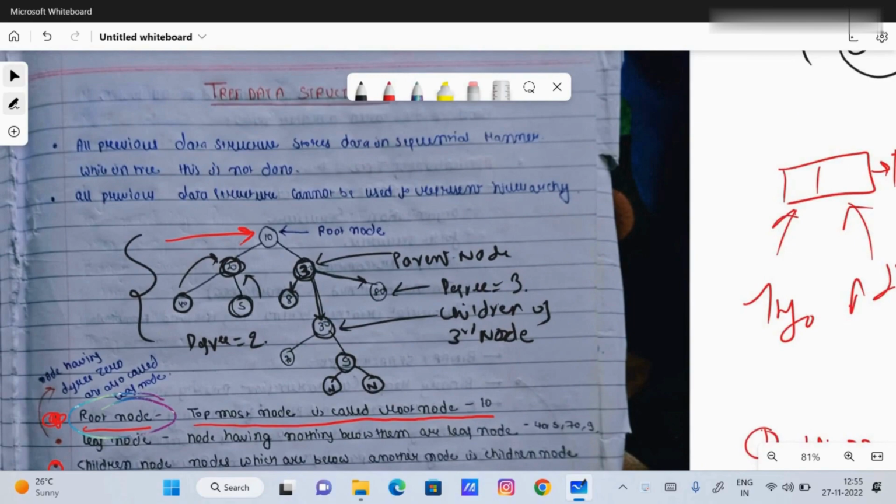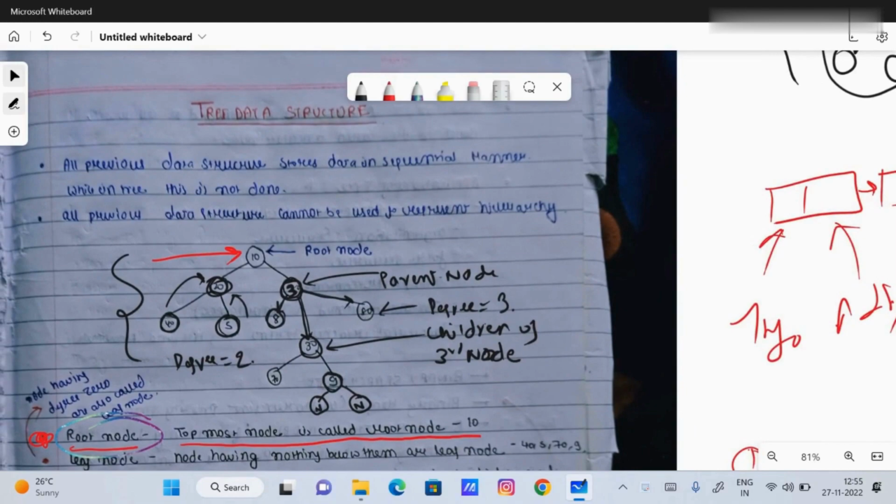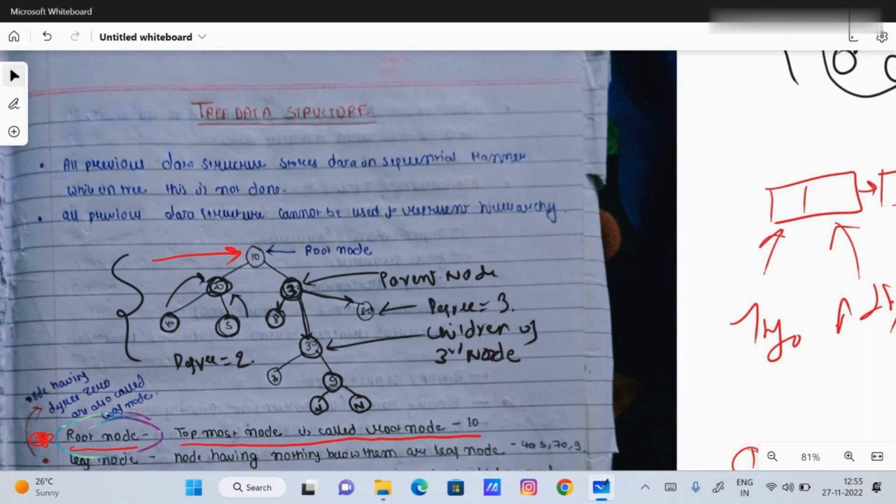In the first video I told why tree data structure is important for us. Although there are various data structures, we are using tree data structure mainly because of two reasons. The first reason is that in other data structures we were using the sequential representation of data. We cannot correlate things in a different way.